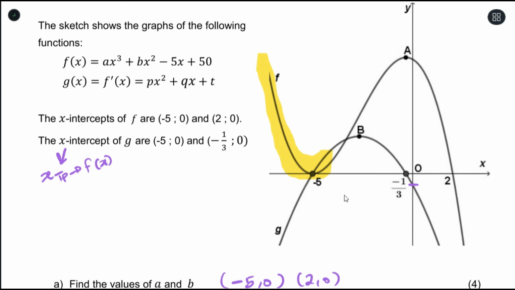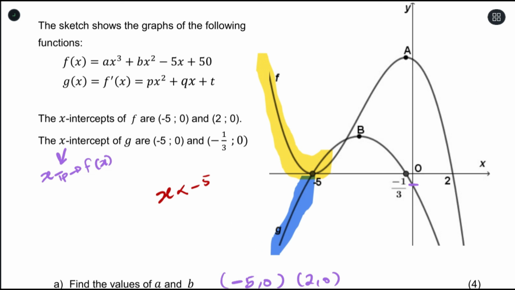But if you now look at g, you will see that at the same time, g was below the x-axis until it gets to negative 5. So our first answer can just be x is less than negative 5, because anything before negative 5, f is positive and g is negative.